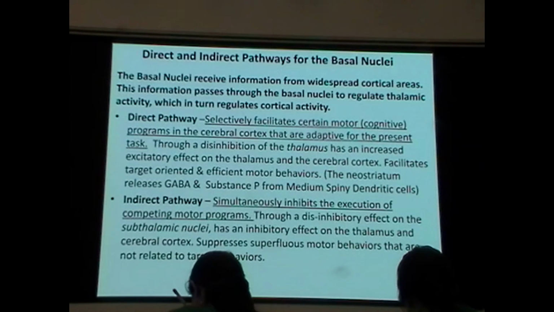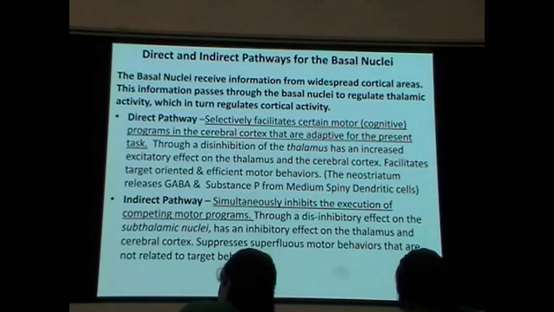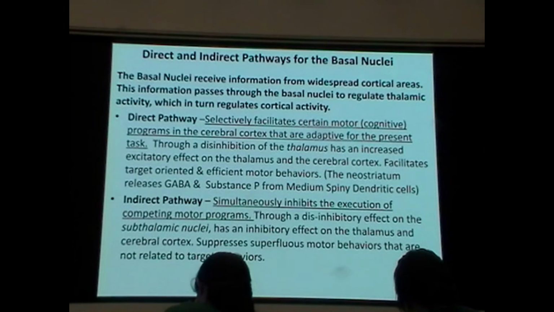So there's a pathway called the direct pathway, and this selectively facilitates certain motor, cognitive, or movement patterns that are developed and are in relationship to adaptation for the present task. Through the disinhibition of the thalamus there is an increase in the excitatory effect on the thalamus, and because of that, this facilitates target-oriented motor behaviors. Okay?